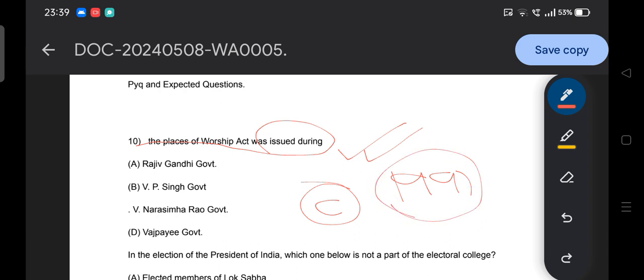So guys, I will provide a table covering the different information and different acts initiated under the prime ministership of different times, from Nehru till your honourable Prime Minister Narendra Modi sir. We will discuss that in our session to cover this kind of question.